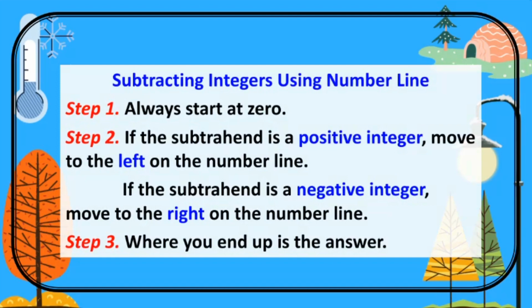So, opposite ng addition of integer. Kapag naman ang subtrahend ay negative integer, ang movement natin ay to the right. Ganon din, opposite siya ng addition of integer. Step 3. Where you end up is the answer.